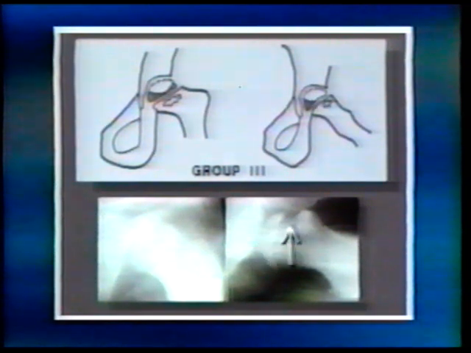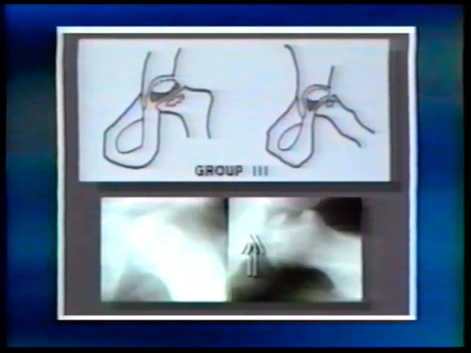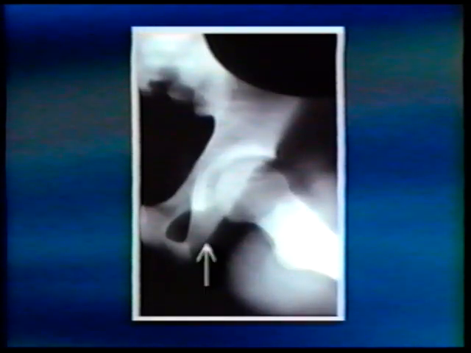The metaphyseal involvement on the lateral view is very helpful in classifying patients into this group 3. Group 3 means that there's been a significant involvement of the femoral head, and at the end result, as shown in this same patient at skeletal maturity, some deformity is to be expected. And these patients rarely end up, no matter what method is used, with an excellent result.